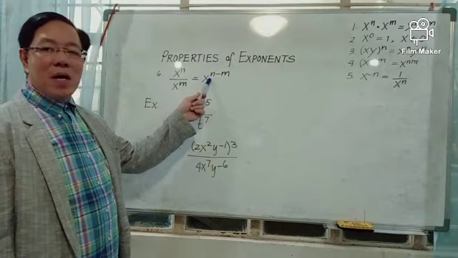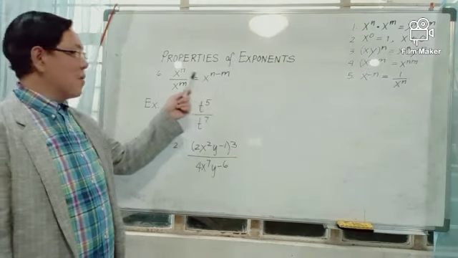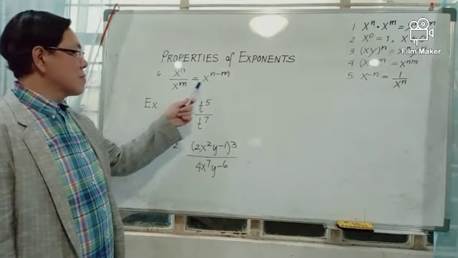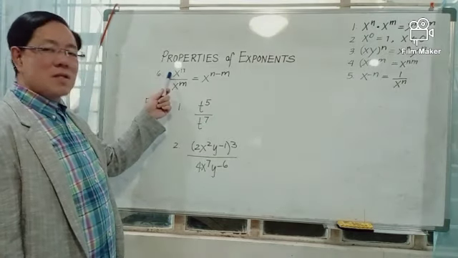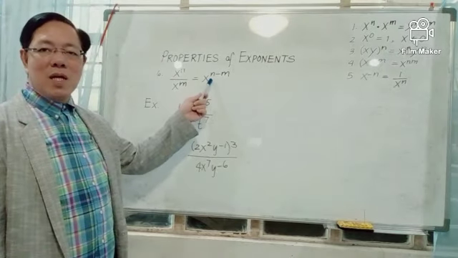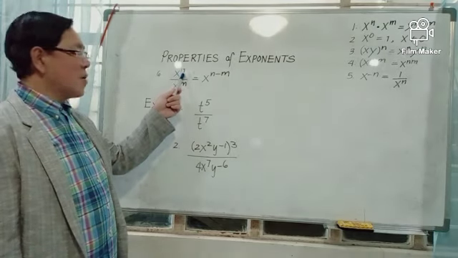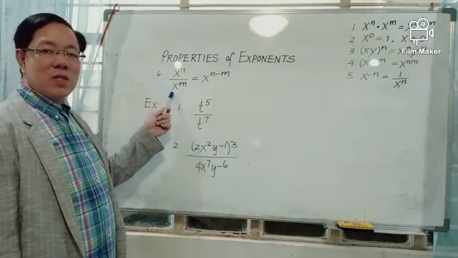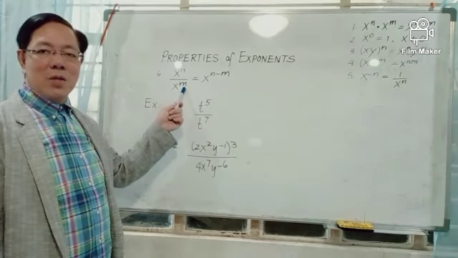And the exponent of x is the difference of the exponents of x in the numerator and denominator. When you get the difference of the exponents of x in the numerator and denominator, always start with the exponent of x in the numerator. And from the exponent of x in the numerator, you subtract the exponent of x, m, in the denominator.